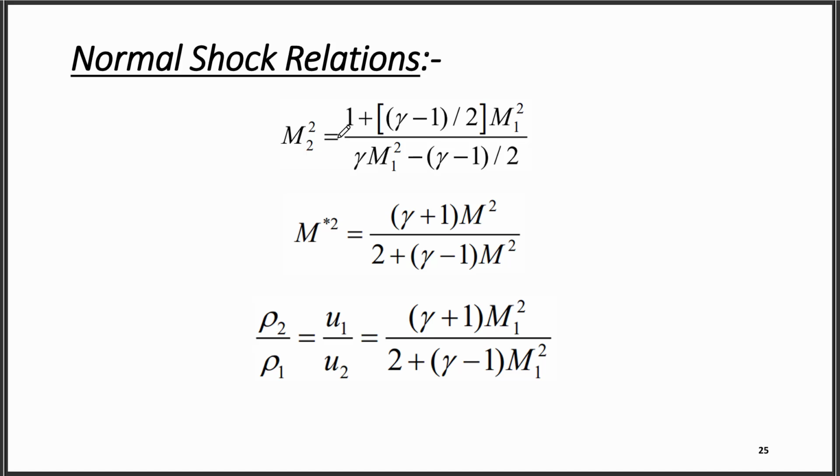What is this M star? It is nothing but the characteristic Mach number, which is given by u upon a star, where a star is nothing but the sonic speed at the sonic state.